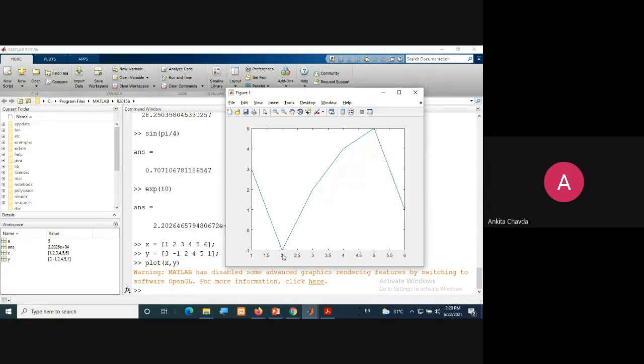When x is 2, it is -1, and so on. So this is the graph plot. Fine. Is everyone getting the same on Octave? Yes, ma'am. Yes, okay.